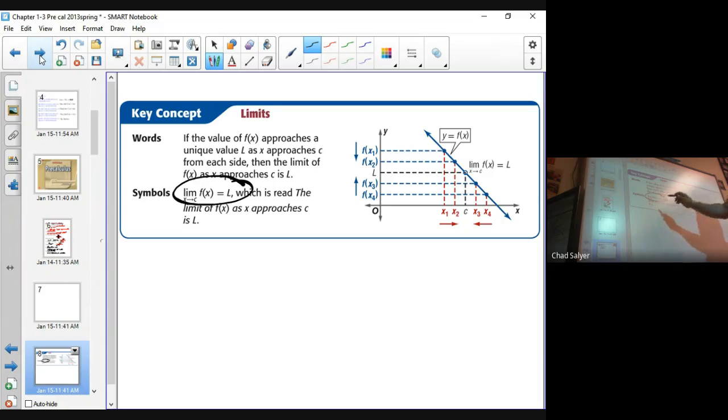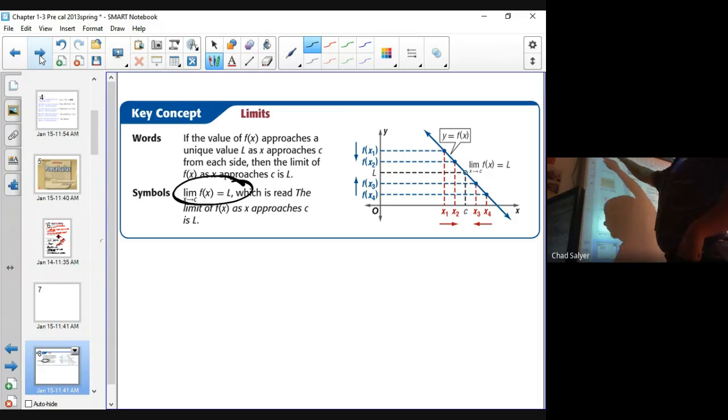So as it approaches C, not as it actually is C. And you might think, why in the world would we care about that? We'll just look at what the value is at C. Well, yeah, maybe C is not defined for some reason or another. Maybe there's division by zero at C. And in those cases, the limit is the only way that we can understand what happens at that point.